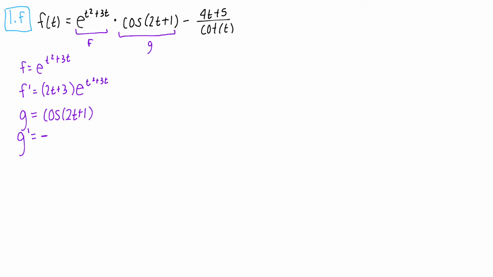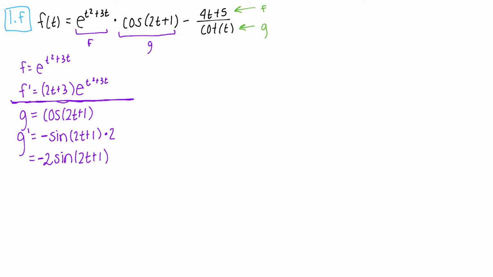For the derivative, you have negative sine of 2t plus 1. That's the derivative of the outside. The derivative of the inside, the derivative of 2t plus 1, is 2. So I was just going to move that 2 out front at first, but you know what? We'll do it in 2 steps there. Just kind of drawing a line between them to make them different.